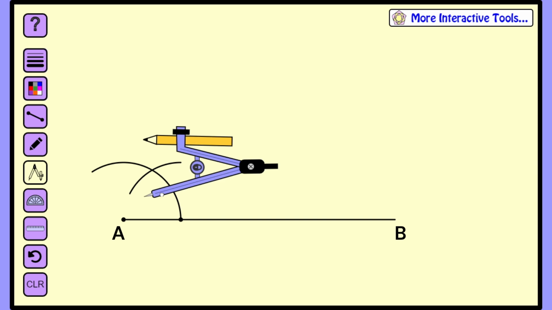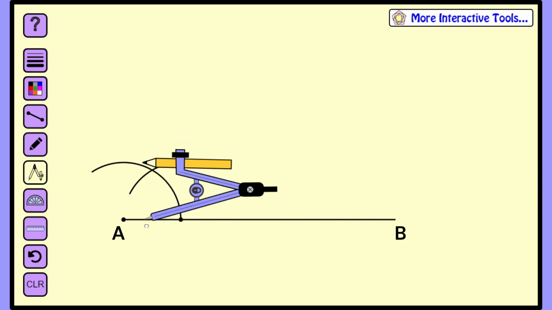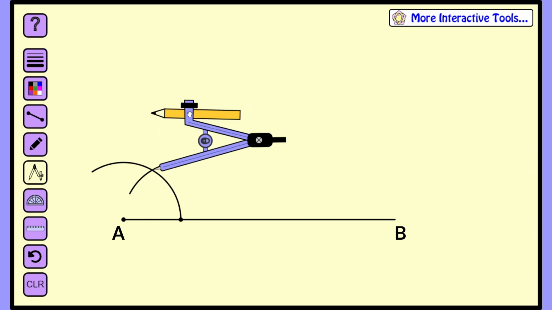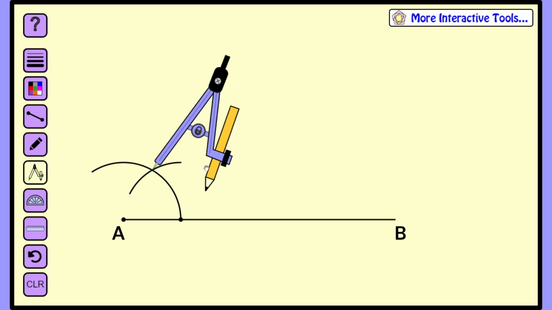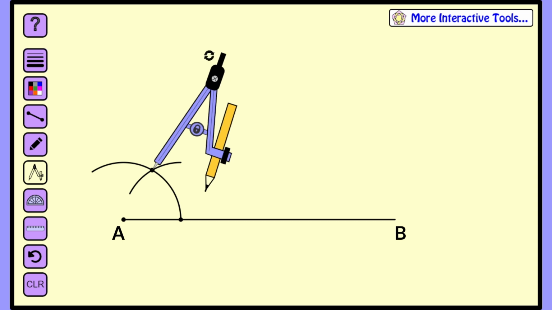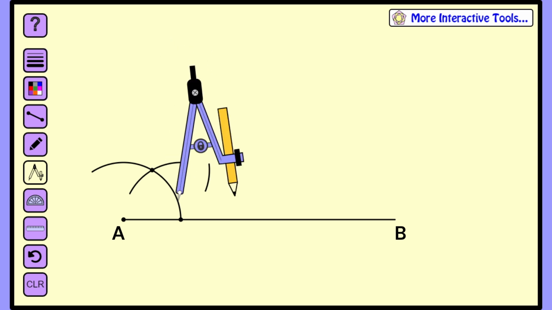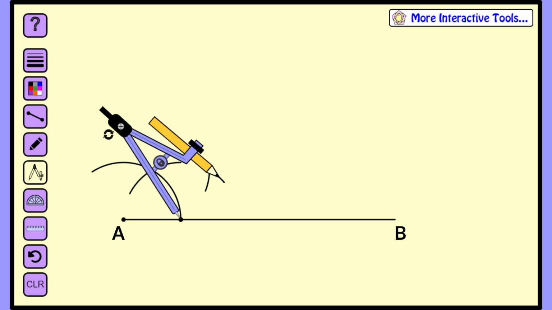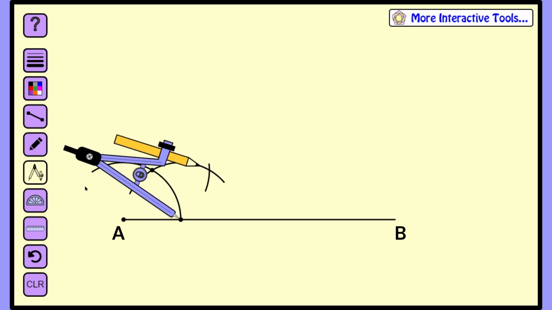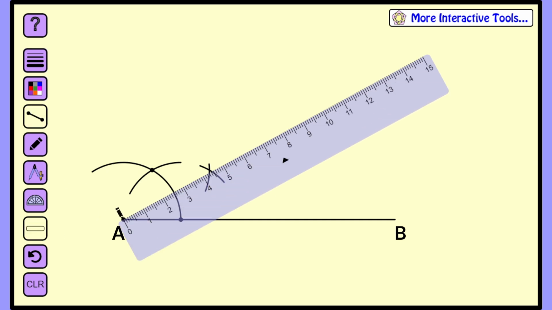So this is our angle 60. Without shaking our compass, we also bisect out our angle 30. And then now we rule our line.